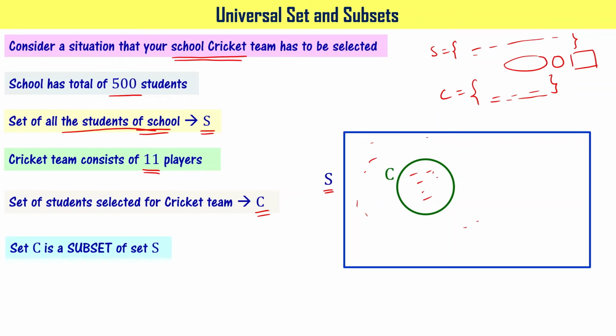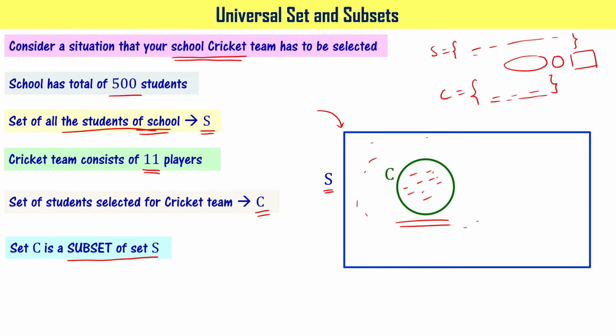Now, you can say one more thing. All these 11 people who are there in set C are part of set S, right? For that reason, you say that set C is a subset of set S. In the picture, you see set C is part of set S. Set S is a bigger rectangle and set C is a smaller circle within the bigger rectangle.